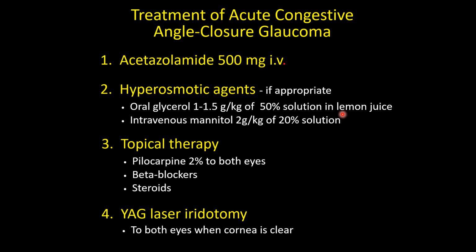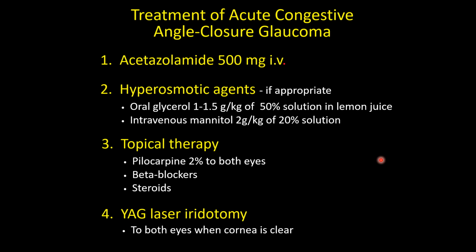What is the treatment? First of all, we reduce the intraocular pressure with whatever means are available. We give acetazolamide, a carbonic anhydrase inhibitor, so that intraocular pressure is reduced. Hyperosmotic agents are given.